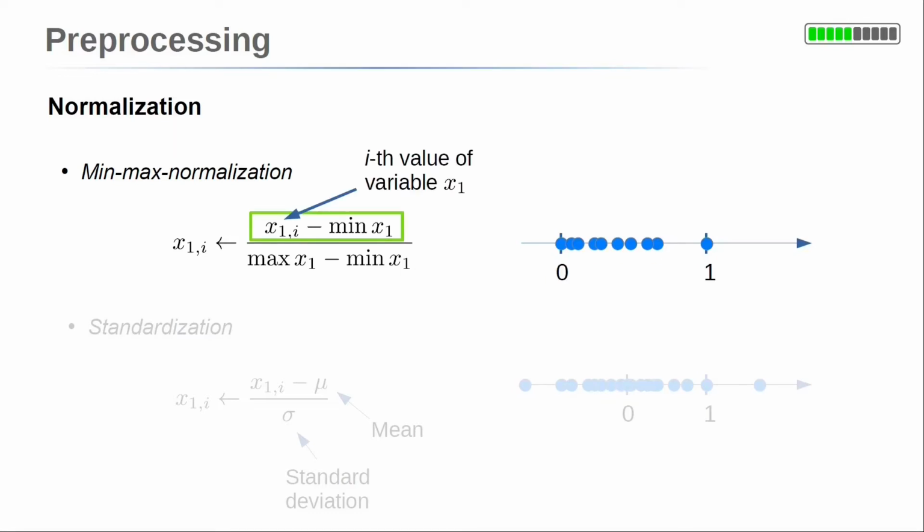Then, from all values of this particular variable x1, the minimum is subtracted. After that, the results are divided by the difference of maximum and minimum. So you can check: if you put the max value for x into the equation, you get 1. And for the minimum value, you get 0.